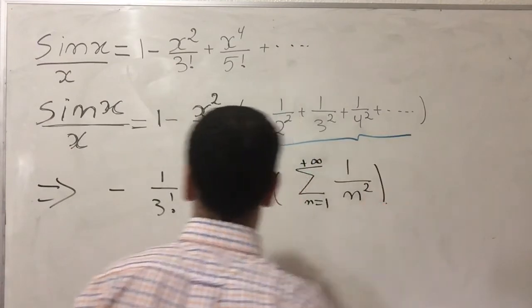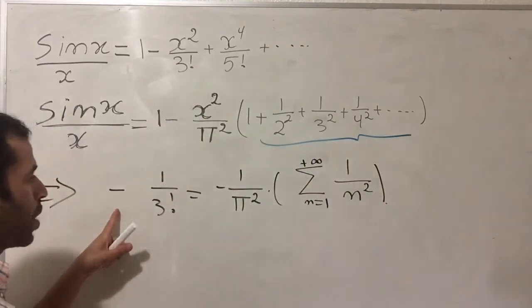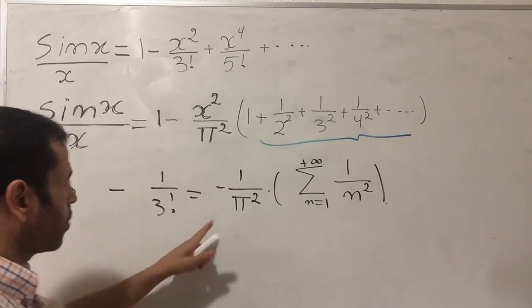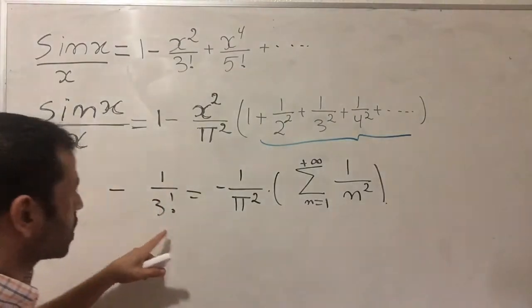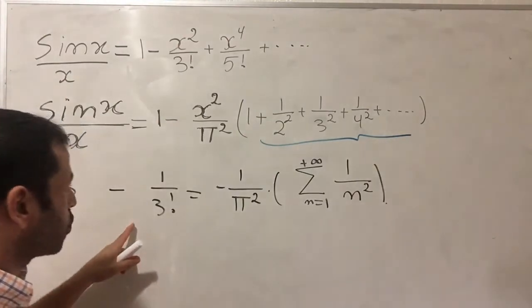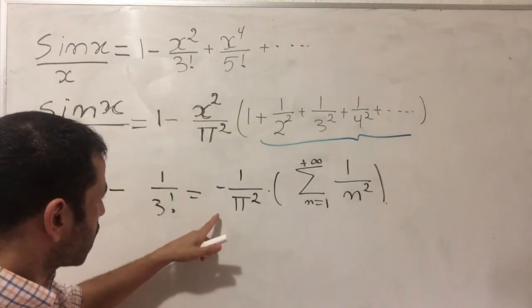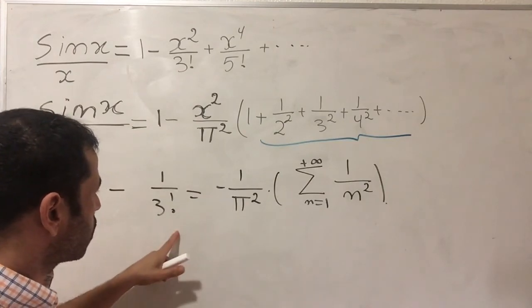Now I have the minus sign, and I'm going to cancel it out. What I'm going to do now is multiply by pi squared on both sides.